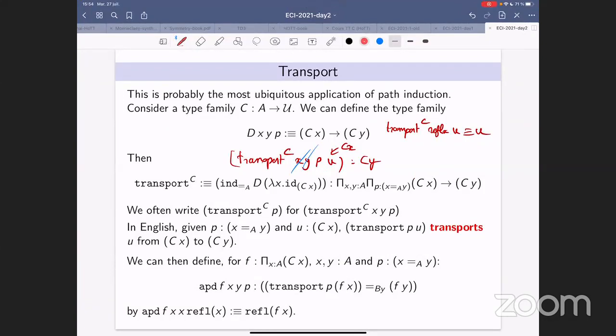There was a question on Discord on whether there is a unique way of defining transport. I don't know exactly how to answer this question. I would rather speak here of a canonical transport: being defined by induction is sort of canonical, and same thing for app and same thing for appd.